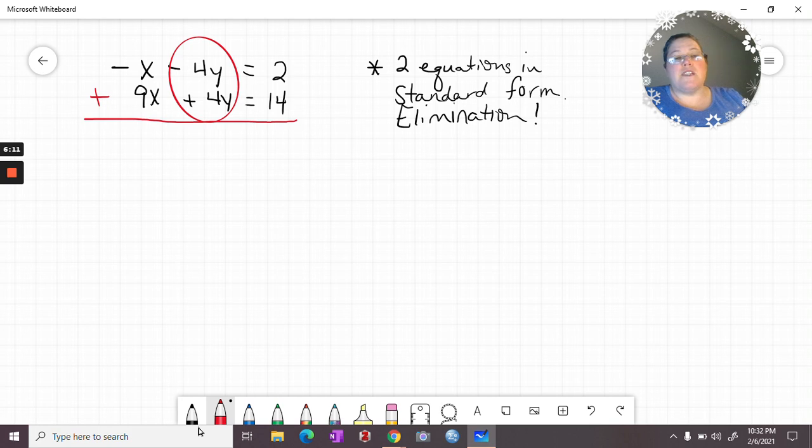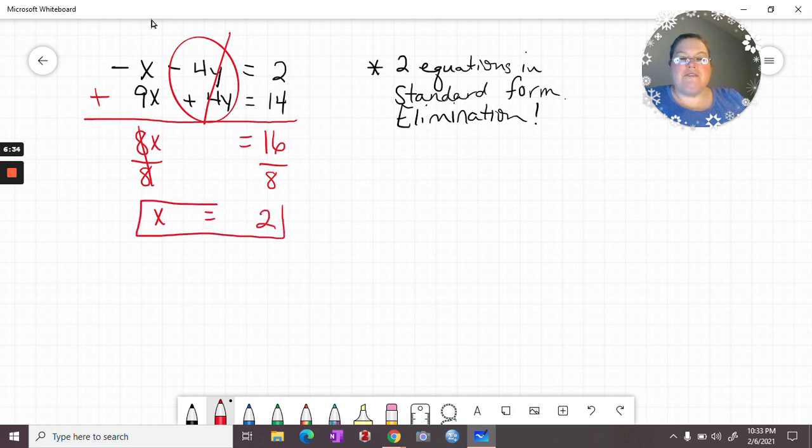If I add those together, those eliminate. Negative x plus 9x is positive 8x, and then 2 plus 14 is 16. So then I can continue the process of solving for x by dividing. X equals 2. Pretty straightforward there.